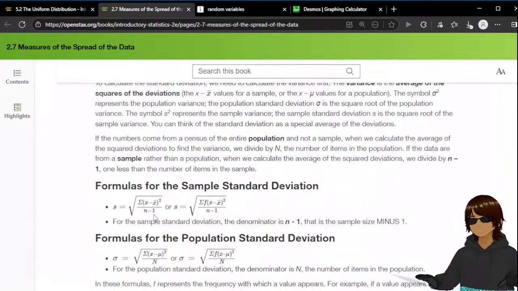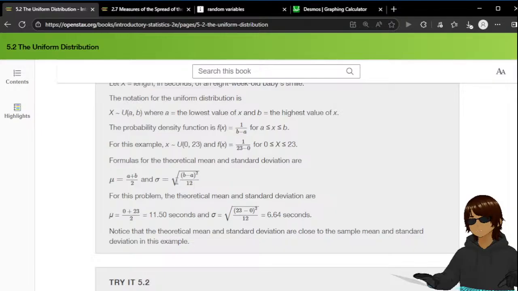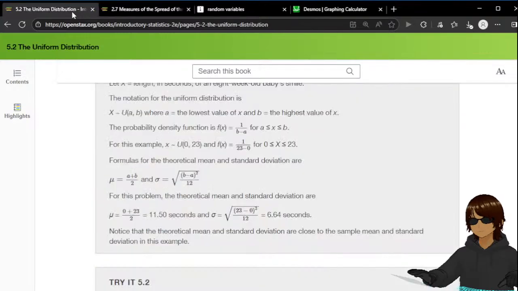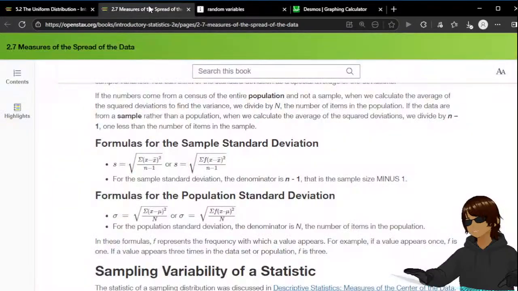Standard deviation, where's the formula for it? X minus mu squared divided by n. But what is n in this case? Is it the interval? Can't be, right?